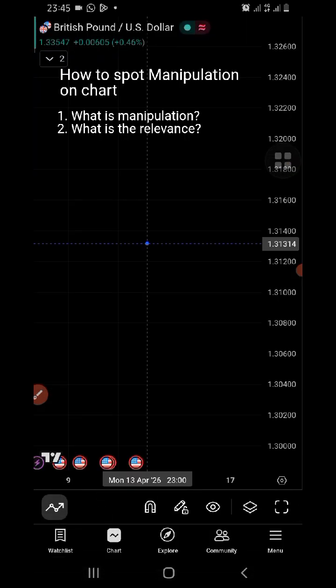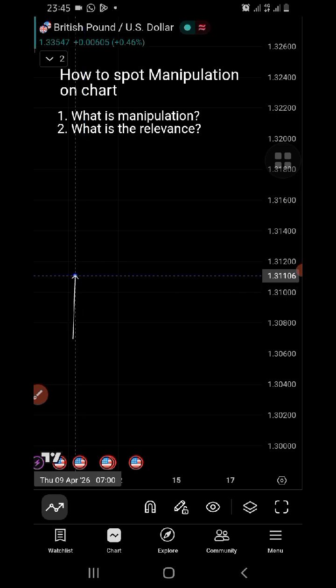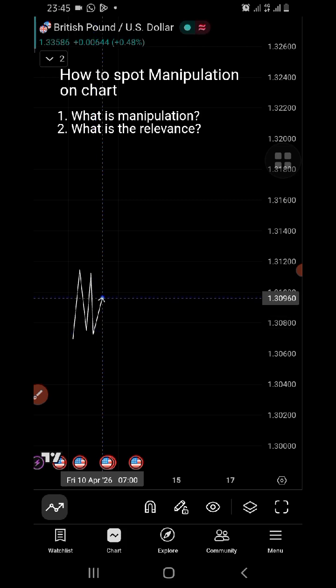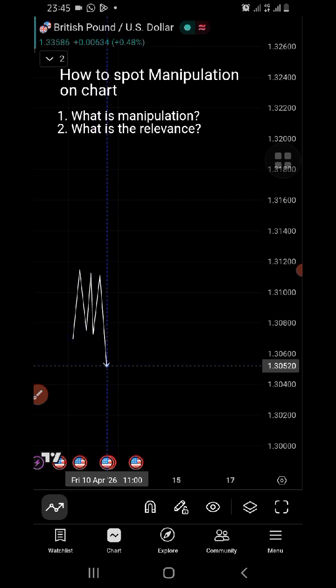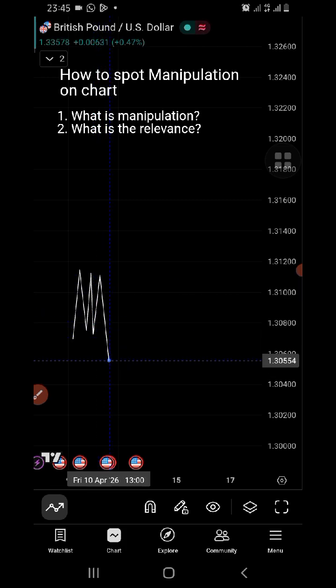So now in the market, manipulation looks something like this. Let me take for example a buy. Let's say market has been doing something like this, and then all of a sudden we see something like this.